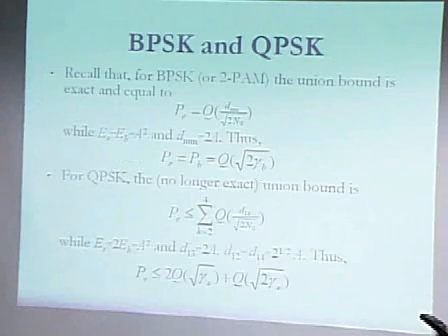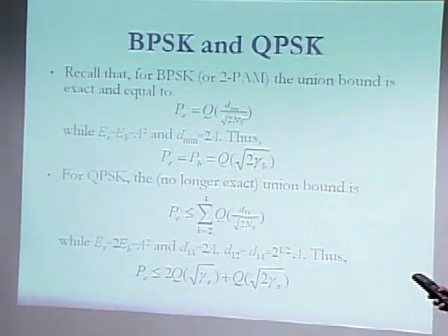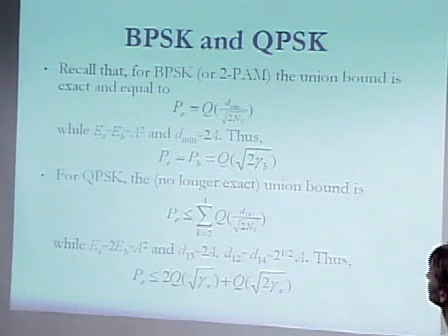All right, everybody agrees? Using these relationships, we can get from this Q function to this Q function. And notice that PE and PB are also equal here, because log 2 of 2 is equal to 1. So everything is very easy in BPSK. That's why it's so simple.